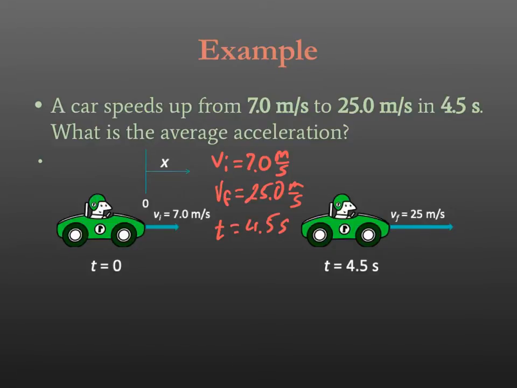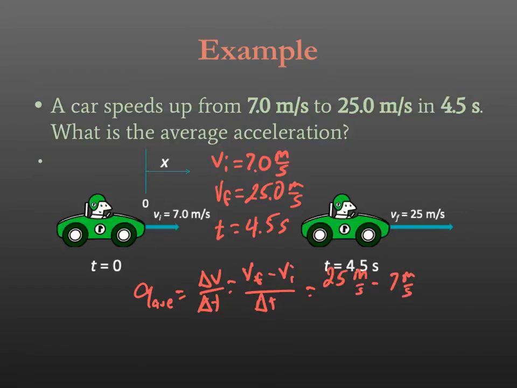So as we said, average acceleration is equal to delta V over delta T, which is equal to Vf minus Vi, and we can just say delta T because we're given the total change in time. So then we have 25 meters per second minus 7 meters per second over 4.5 seconds, and so I've waited until the very end to plug in my numbers.